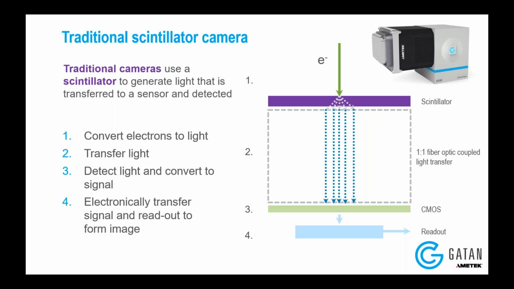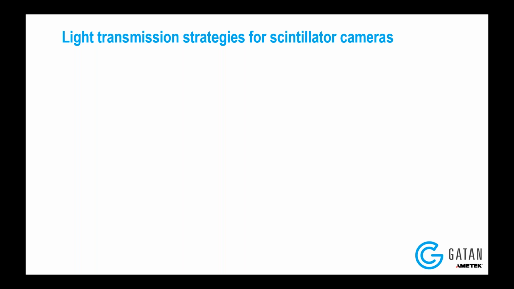So that's one advantage of having a direct detection type camera: you don't have this scintillating layer and this light transfer process to worry about, and that improves the sensitivity of direct detection cameras. Nevertheless, scintillator cameras still are very good cameras for everyday microscopy, as we mentioned at the top of the presentation.